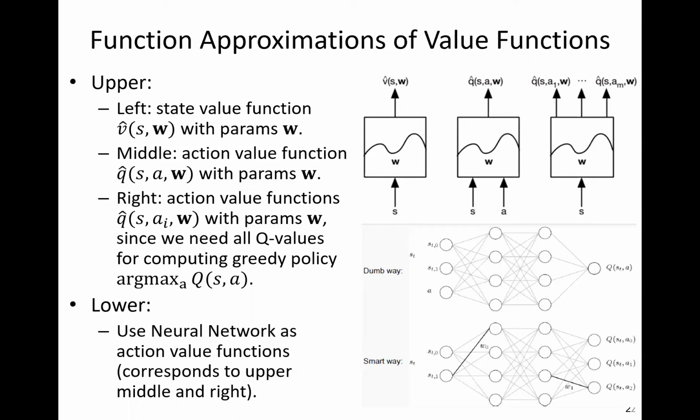I think Carla mentioned this before. Because you need the Q values for all A's for computing the argmax A, the greedy policy, the latter approach is predominant these days.